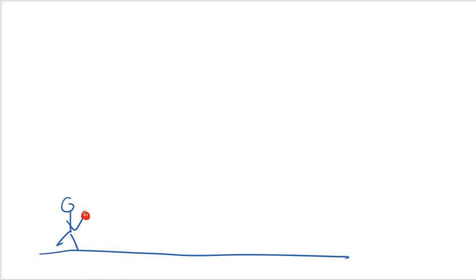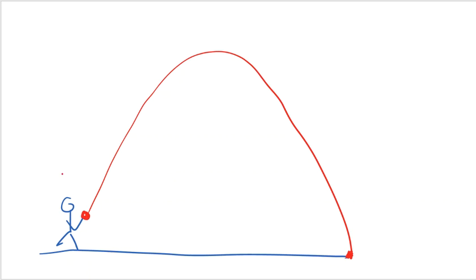So again, let me kind of draw a picture to really sum this together. So imagine I'm standing here. I'm standing on the ground, and I launch a ball, maybe a tennis ball, up into the air, and then gravity kicks in, and that ball comes back down, splat onto the ground. Well, if I say, okay, let's pause time right here and right here, and I say, from this time, let's call that time 1, to this second time, we'll call that time 2, what was the average rate of change?